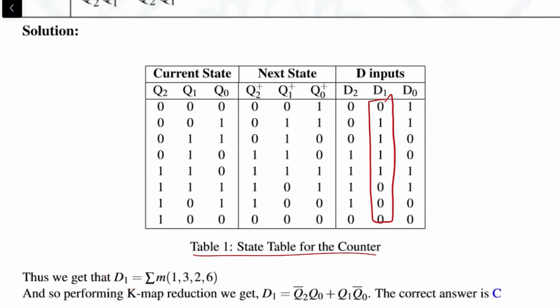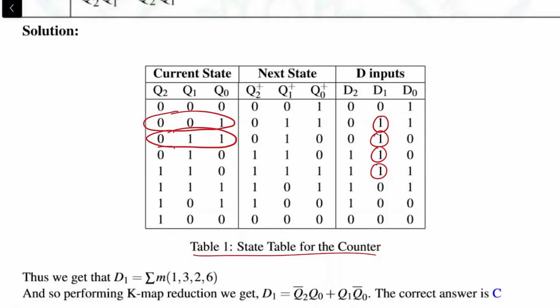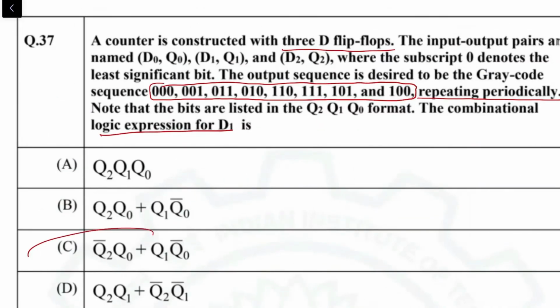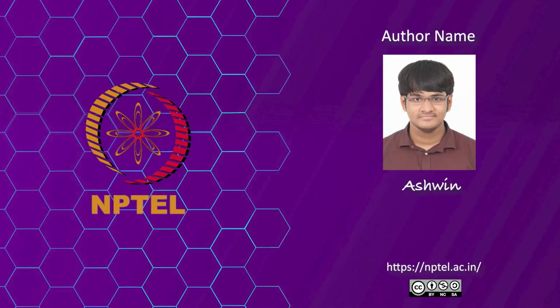It includes only the minterms 1, 3, 2 and 6; you just see the places where it's a 1. Performing a K-map reduction on this, we get the following expression for D1. This corresponds to the answer C, which is the correct answer for this problem.